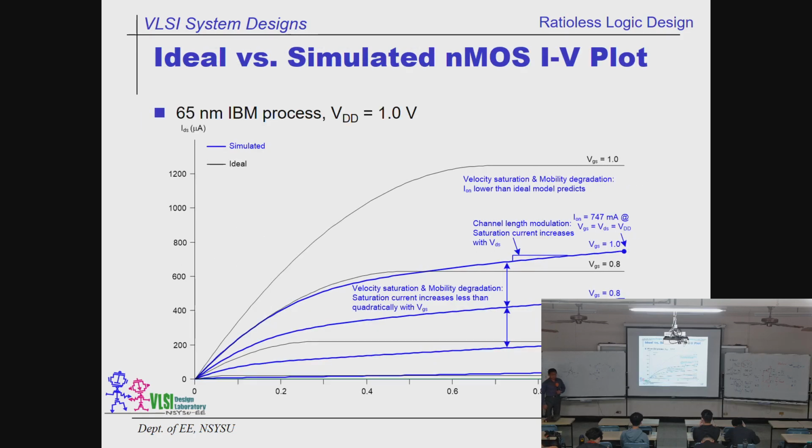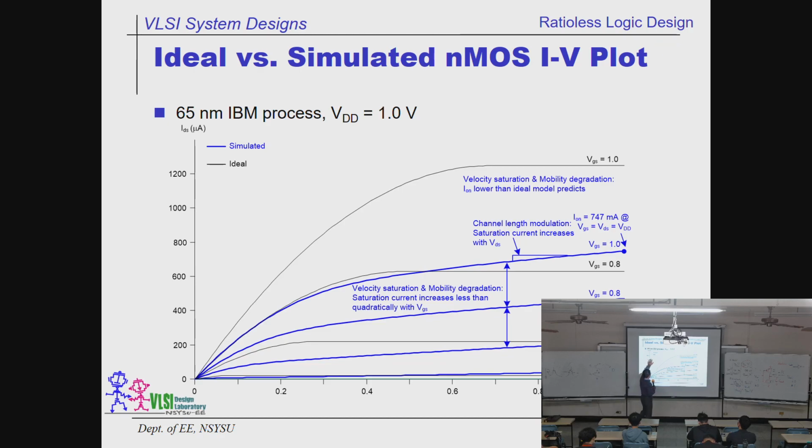So let's find out what the difference is between reality and the theoretical result. Unfortunately, the first order equation is not that accurate when we use advanced devices and advanced processes. This is an example. The 0.18, that's 180 nanometer, the one I use in this class, we consider somewhat legacy.